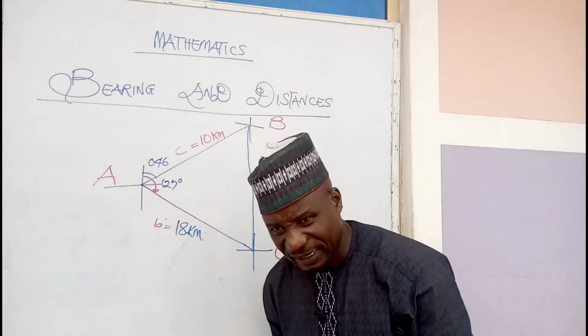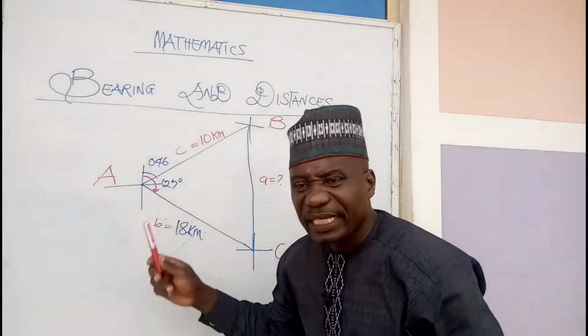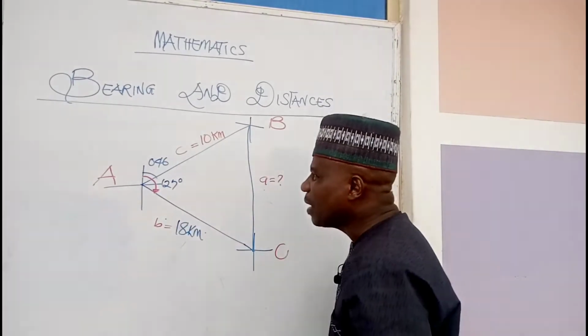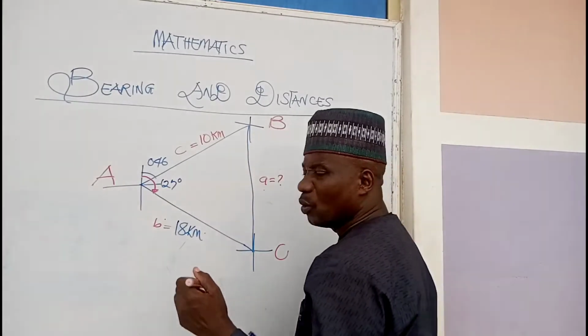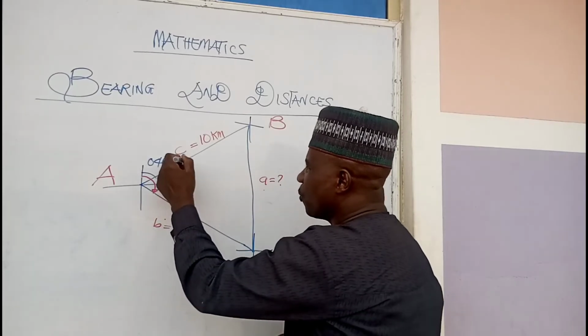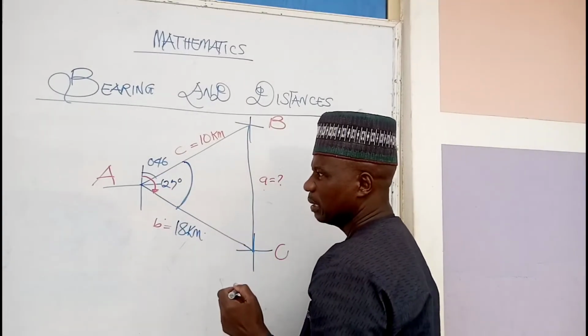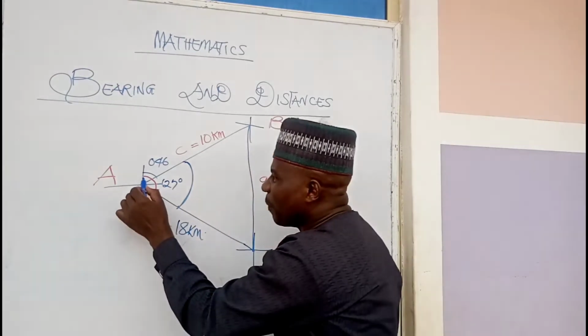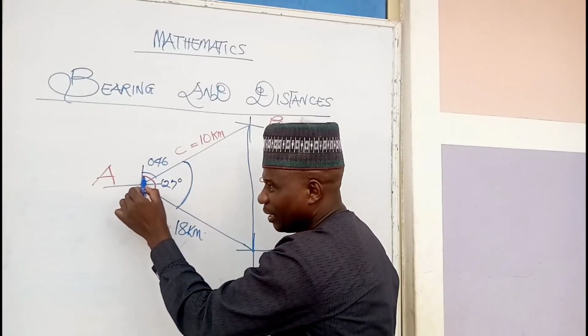But class, anybody that uses this 127 is wrong. Because you can now see that where is the angle we are looking for? Of course, this is the angle we are looking for. But this 127, where did it start from? It started from north to this place.